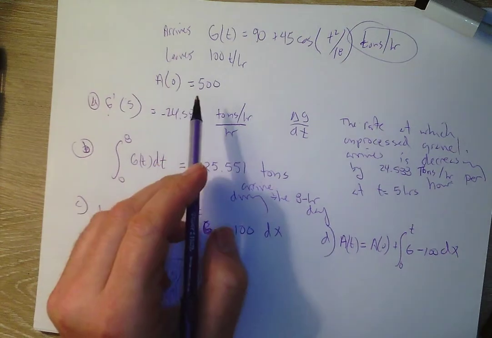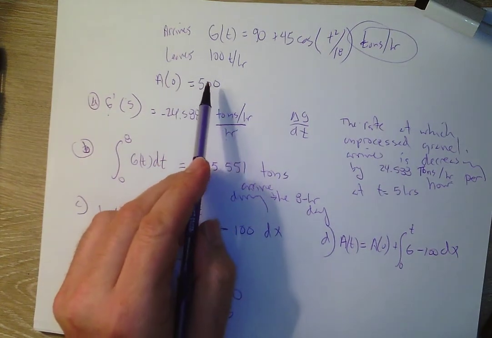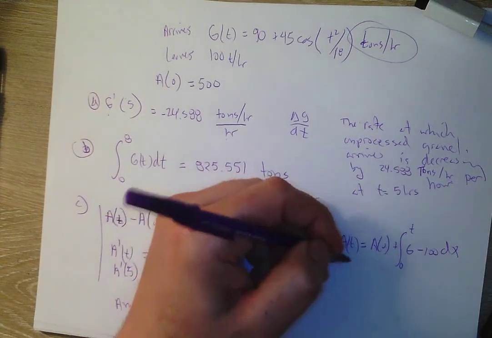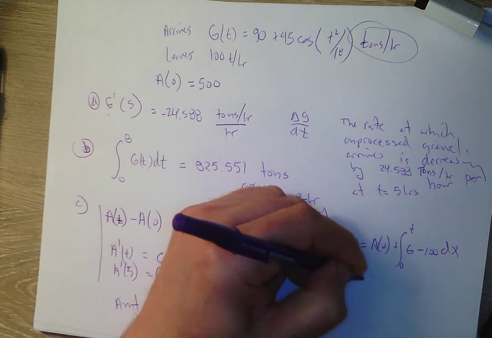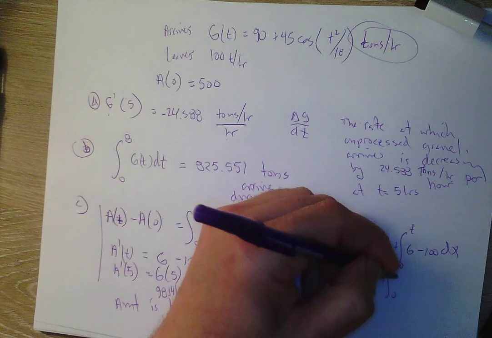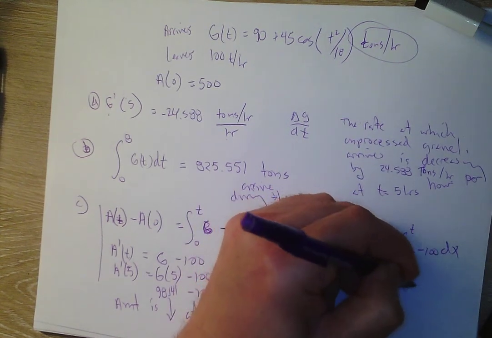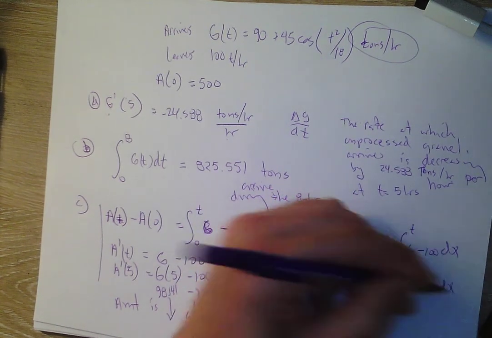And that initial amount, remember, is 500. So we've got 500 plus the integral 0 to t g minus 100 dx.